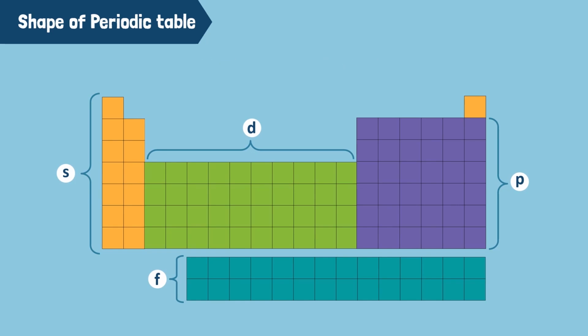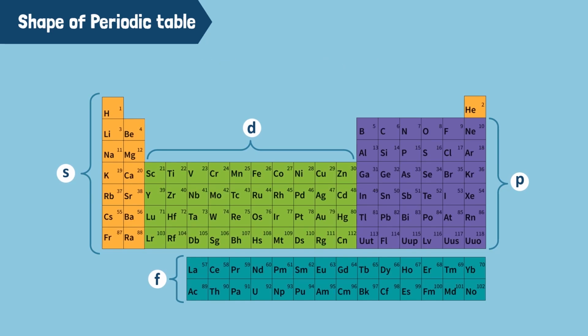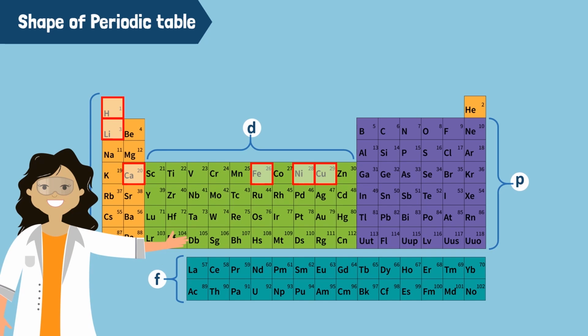If the valence electrons of an element are in the S subshell, such as hydrogen, lithium, or calcium, they are placed in the S block. If an element has valence electrons in a D subshell, such as iron, copper, or nickel, it is placed in the D block. In this way, scientists could categorize all the elements that gave the periodic table its shape.